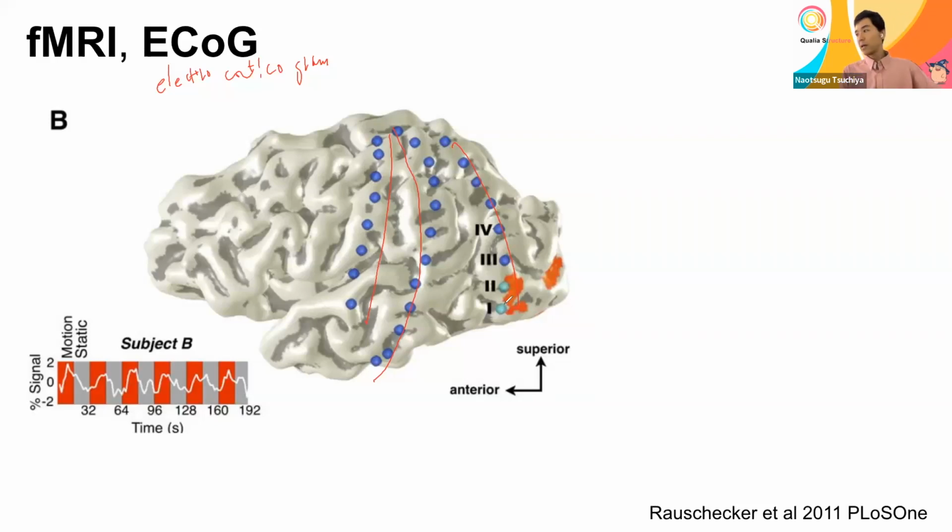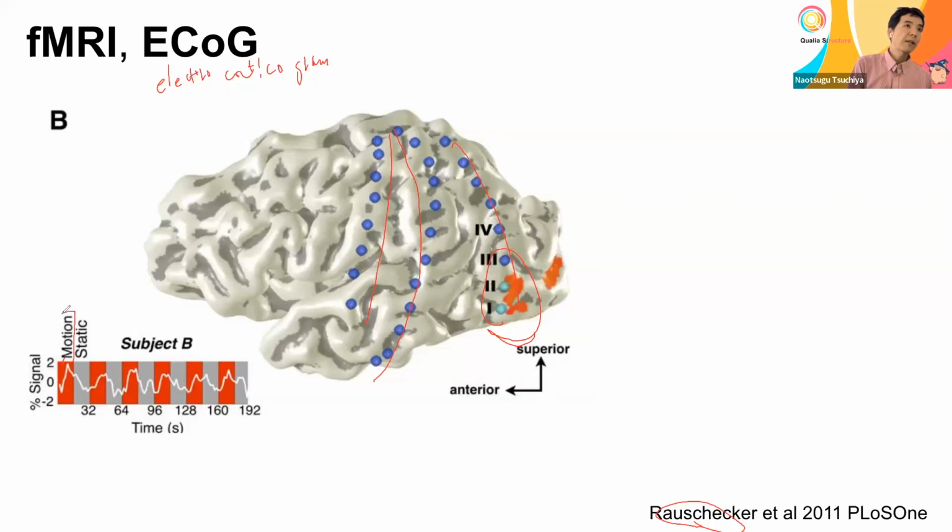In this particular study, Roche-Carr, they studied 3 patients who are implanted with electrodes nearby MT here. The surface that you are seeing is the cortex of subject B. Before the implantation, subject B was presented with this moving stimulus twice, and here is the response.